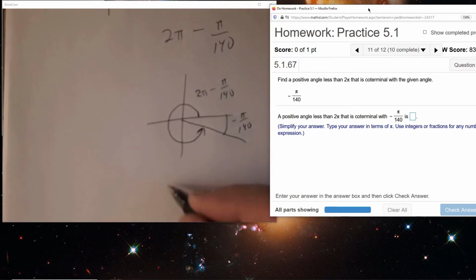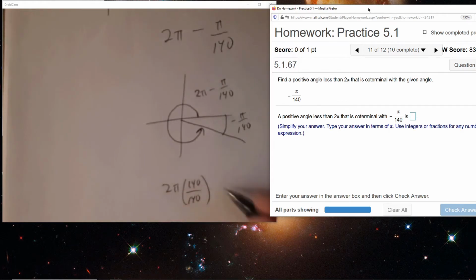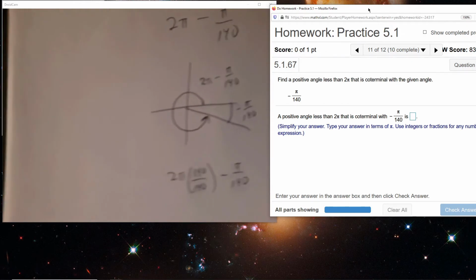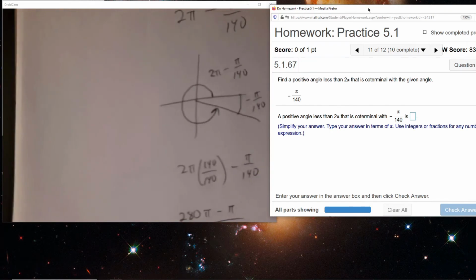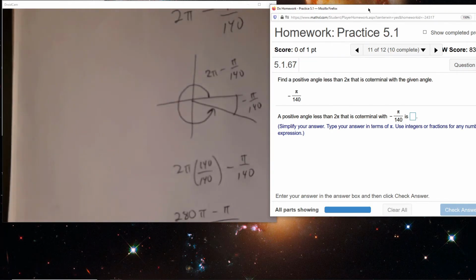And we will have to gather like terms here, so we do need 140 as a common denominator. And then 2 times 140 will get us 280 pi minus pi all over 140. And so we get 279 pi over 140.